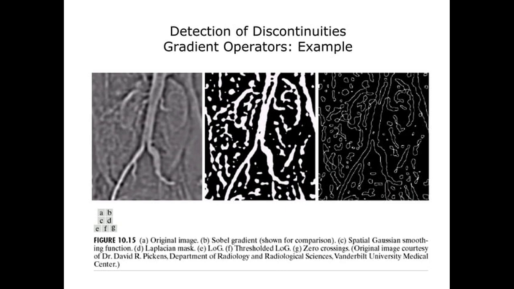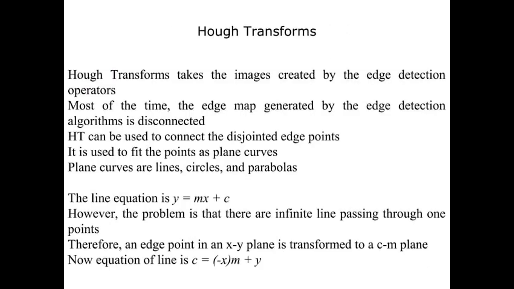What is a binary image? It contains only two intensity values, either 0 or 1. So this binary image is the threshold of this Laplacian of Gaussian operator. And the last figure represents the zero crossings. So all this is very evident by applying this.